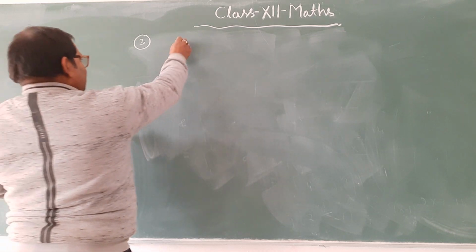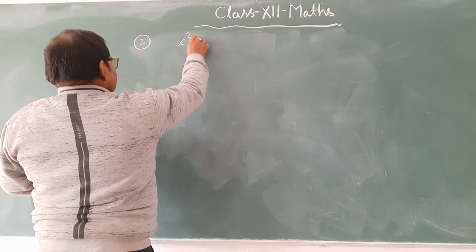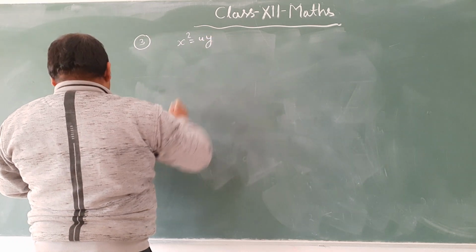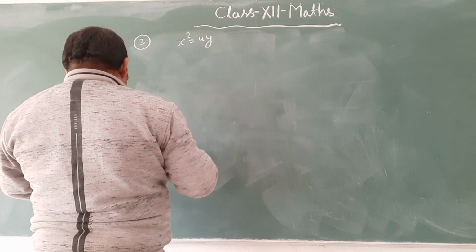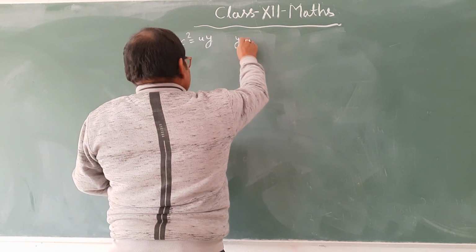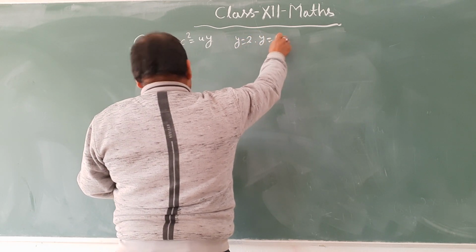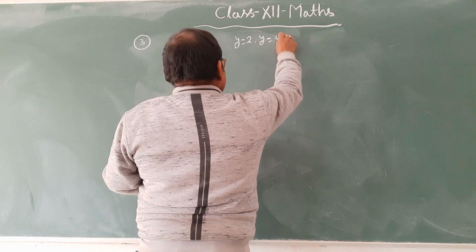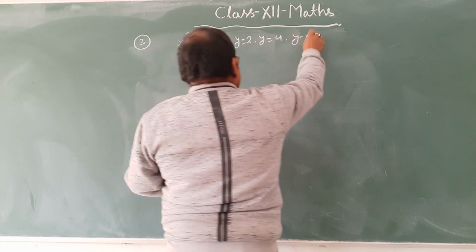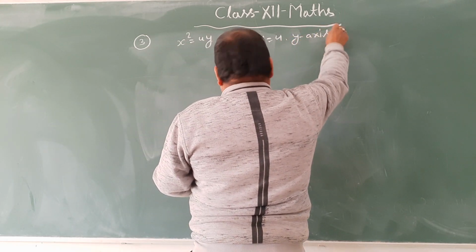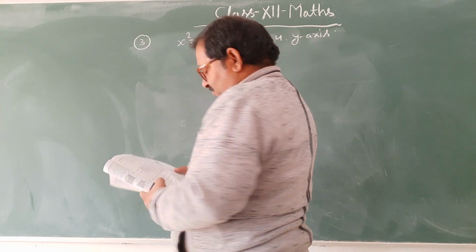x square is equal to 4y and y equal to 2 and y equal to 4 and y axis in the first quadrant.